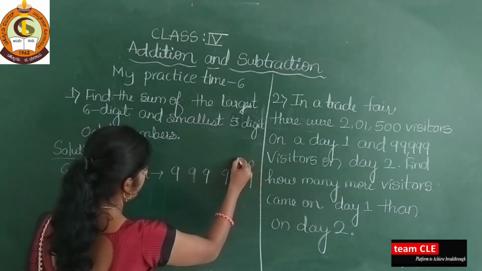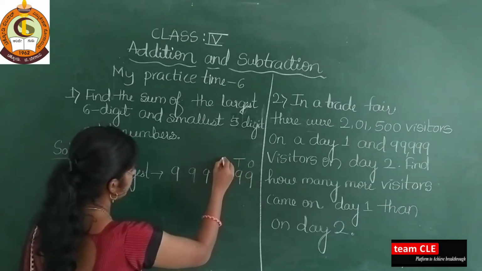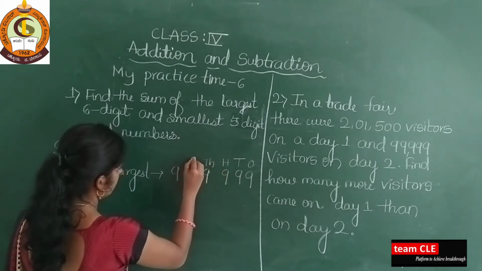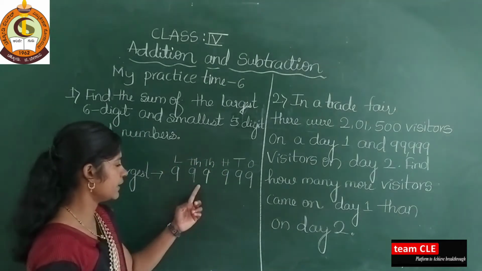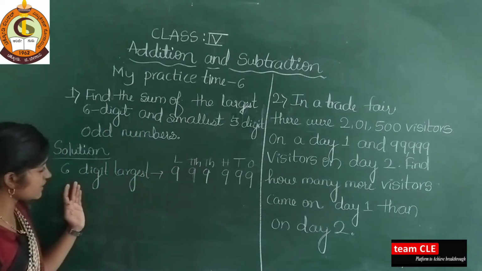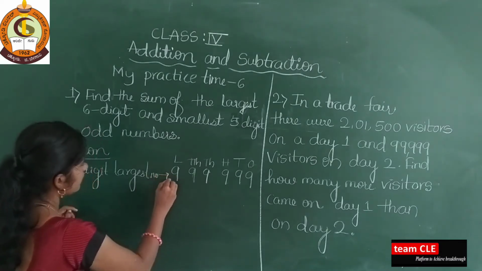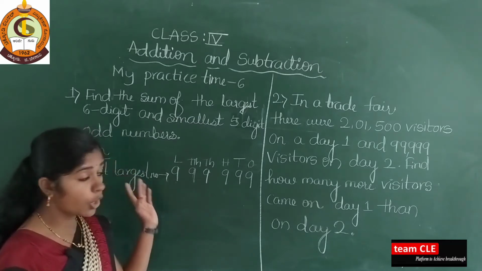Here are ones, tens, hundreds, thousands, ten thousands, and this is lakh. 9,99,999 is the 6-digit largest number.